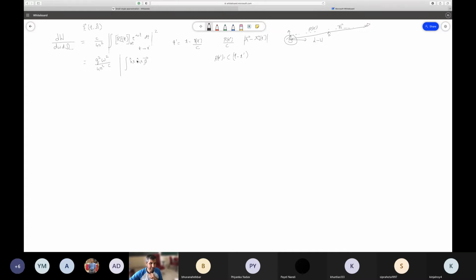beta, e to the i omega (t prime minus n hat dot r naught(t prime)). So this r naught(t prime) is the trajectory of a single electron, for example, by c. Right, so dt prime.